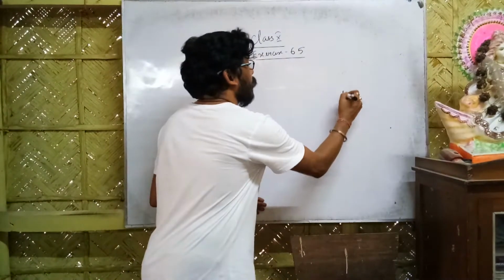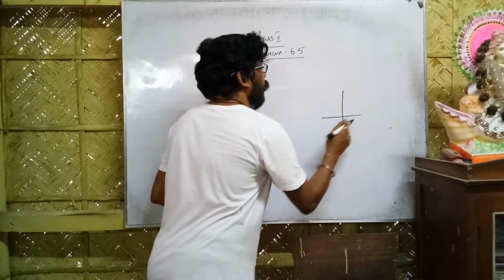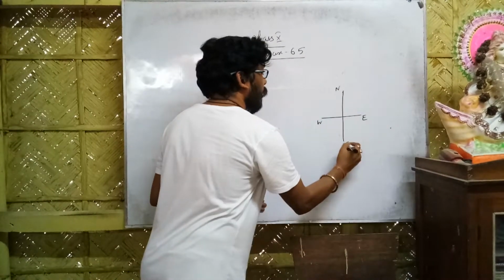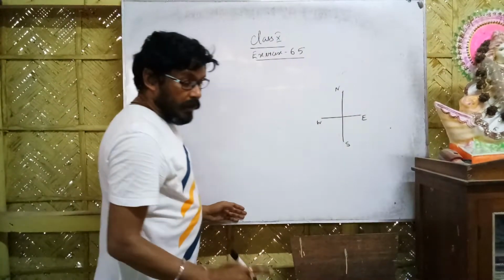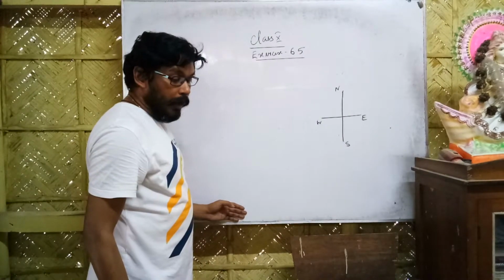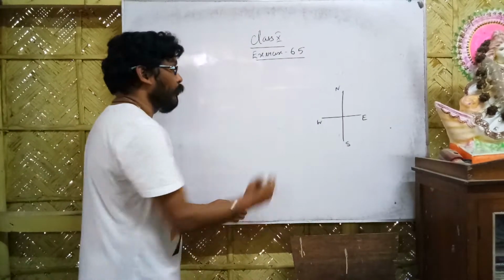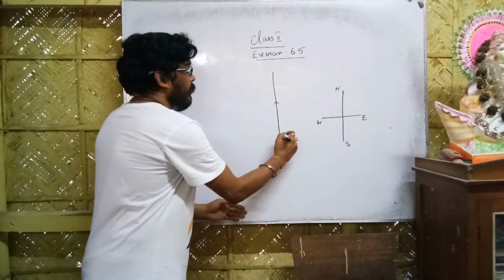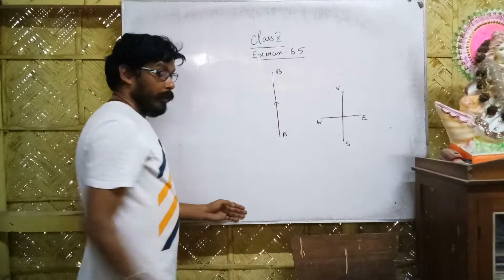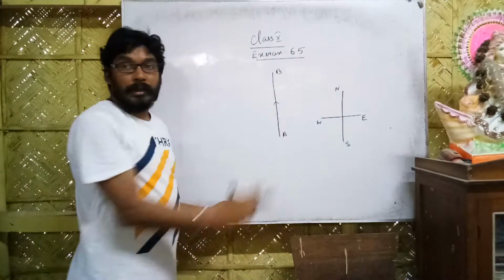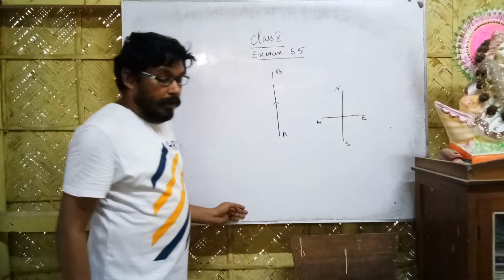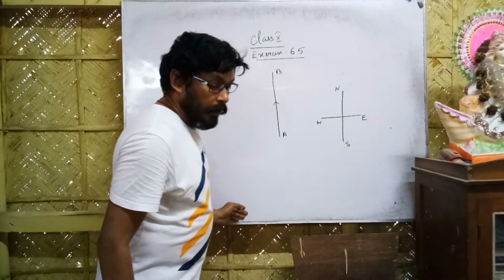So let me draw the geographical direction. It is east, west, north, south. In the first case, what did they give? An aeroplane leaves an airport and flies due north. Suppose towards north an aeroplane flies. So this is A, this is B. What is the speed of the aeroplane? It is given 1000 km per hour.